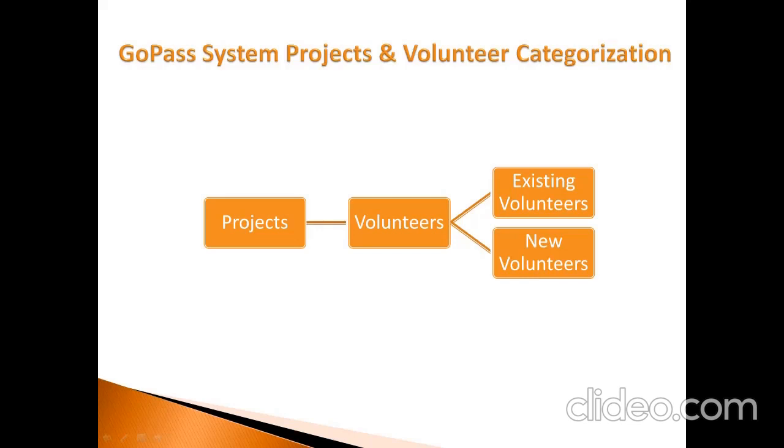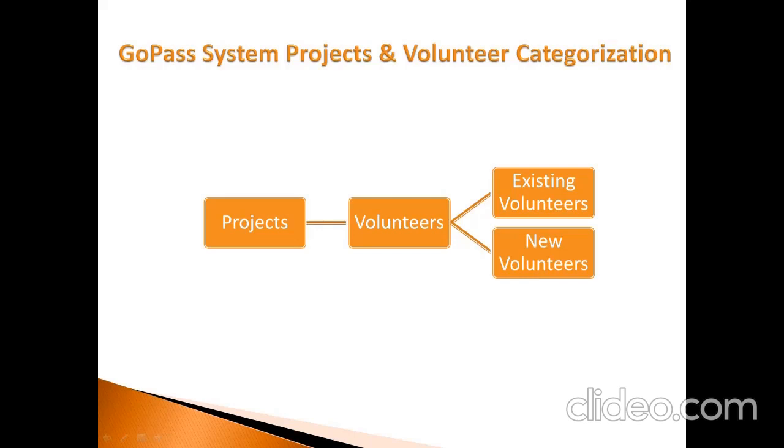The system takes volunteers and breaks them down into two categories: new volunteers and existing volunteers. We make a distinction here, even though in the system they are just listed as volunteers. New volunteers are people that your organization is sponsoring who are new to GoPass.